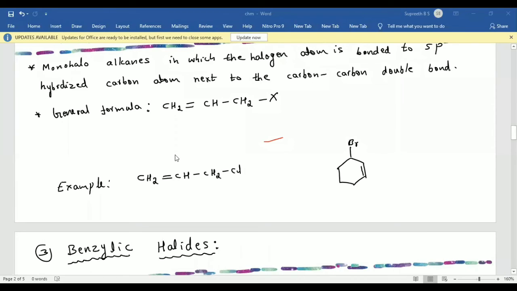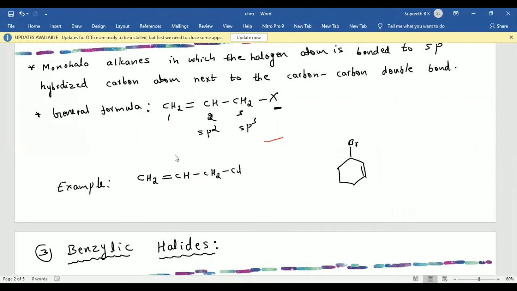You can observe, take it as first carbon atom, second carbon atom, this one is third carbon atom, and this one is the halogen atom, right? Clearly you can observe the third carbon is the allylic carbon, because it is sp3 hybridized and attached to an sp2 hybridized carbon atom. The second carbon is sp2 hybridized because it contains only 3 sigma bonds. The third carbon atom is sp3 hybridized because it has 4 sigma bonds.